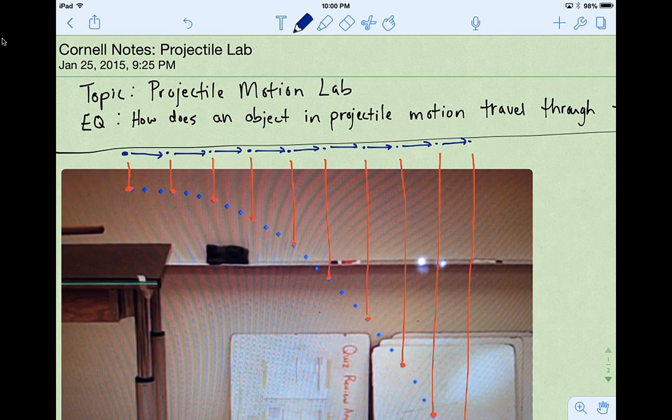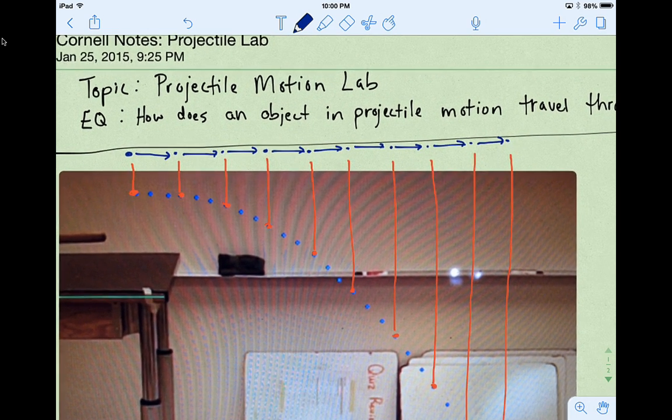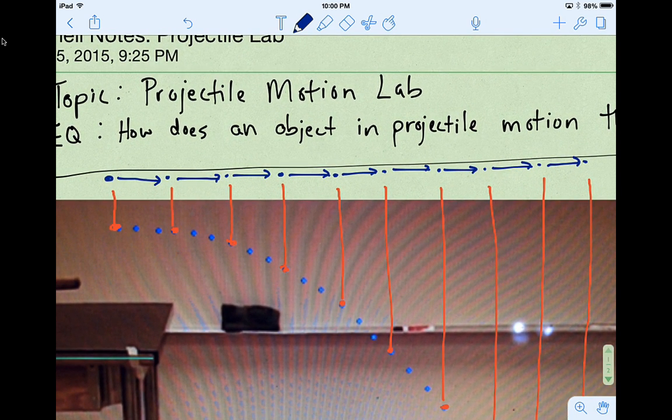Okay, so this is really cool. If you look at this now, my dots are pretty much evenly spaced, and that's really cool, okay? The horizontal, the side-to-side motion, we're going to see has constant velocity. So notice my arrows aren't getting longer, they're not getting shorter.